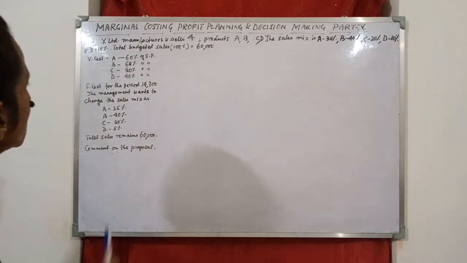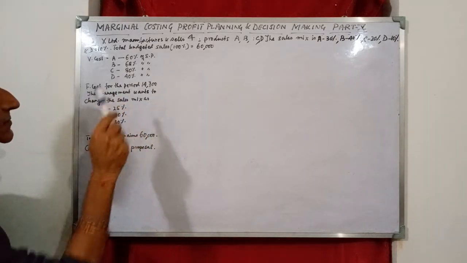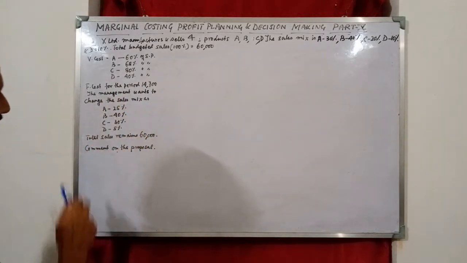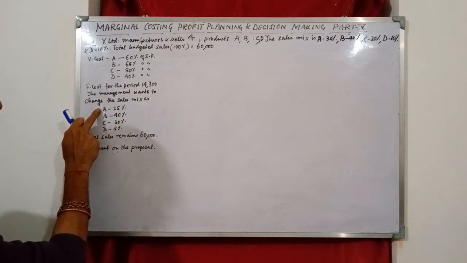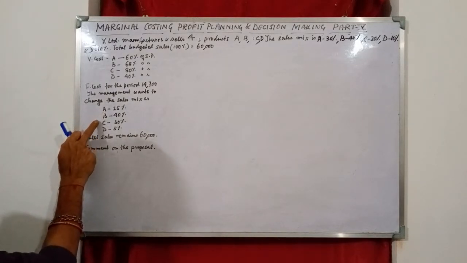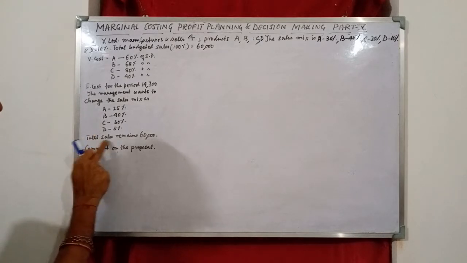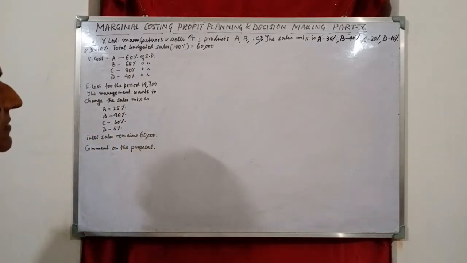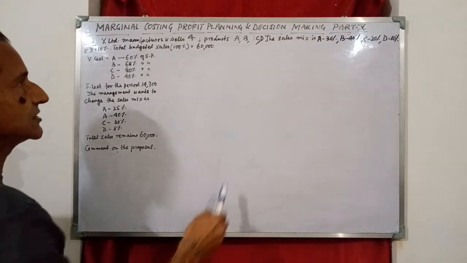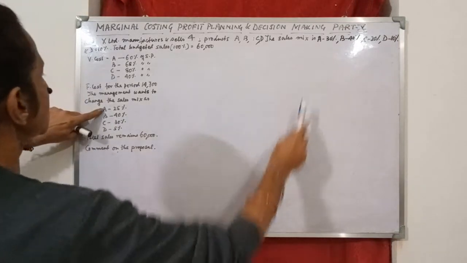Now the management wants to change the sales mix as A 25%, B 40%, C 30% and D 5%. Total sales remains 60,000. That means A should be changed from 30% to 25%.